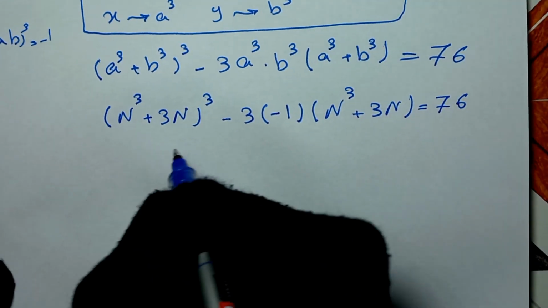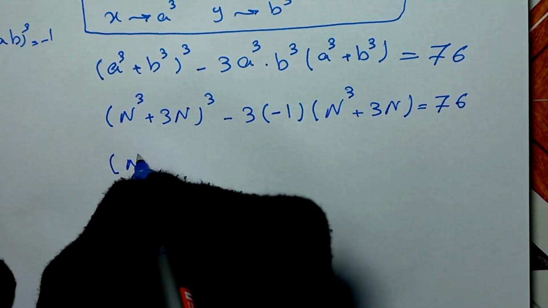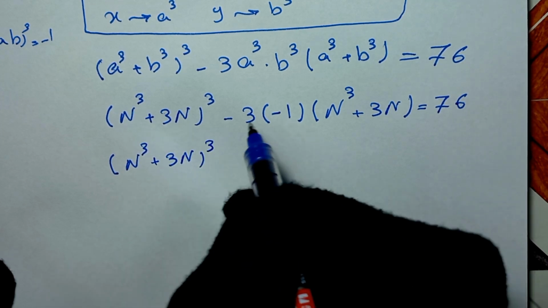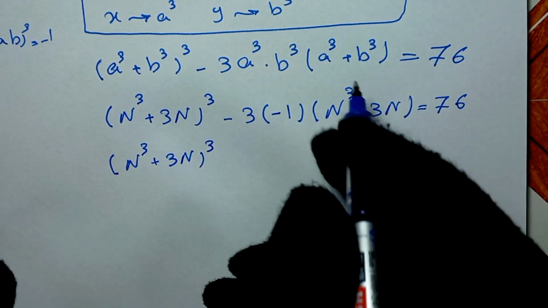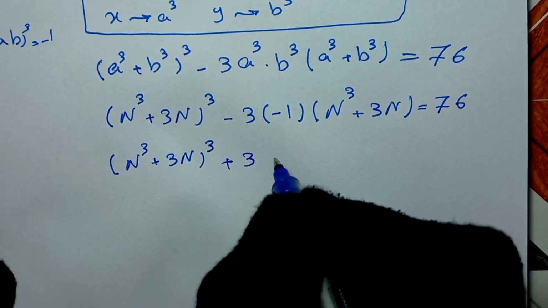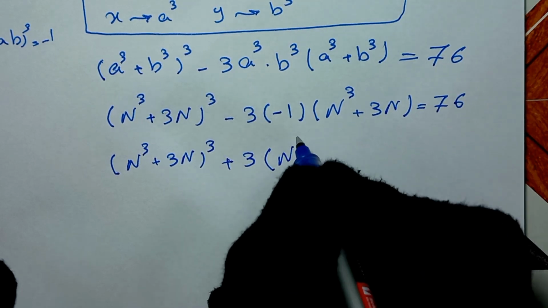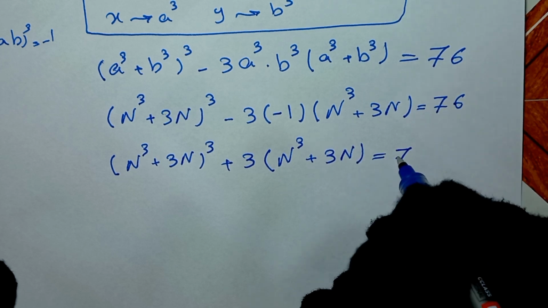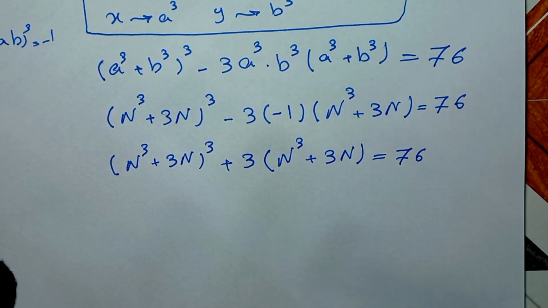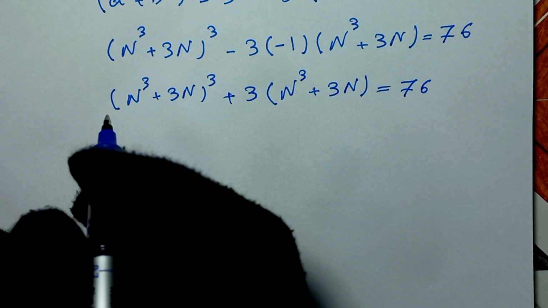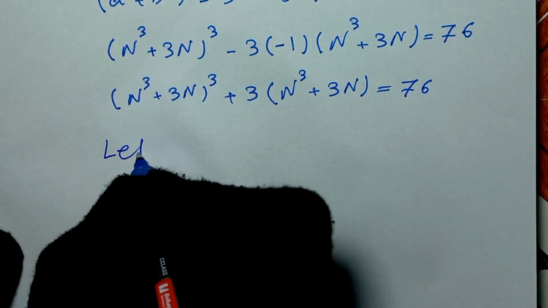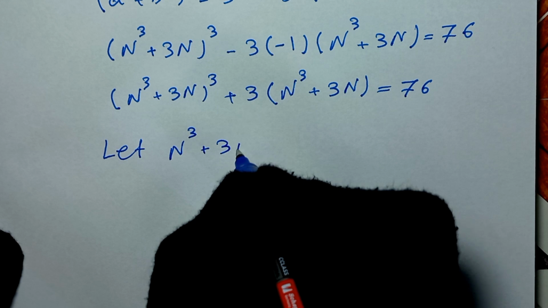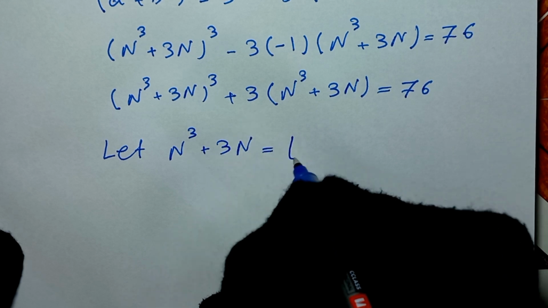And it will be n cubed plus 3n to the power of 3. And here negative 3 times negative 1 will be positive 3, times n cubed plus 3n, is equal to 76. And in the next step, we let n cubed plus 3n be t.